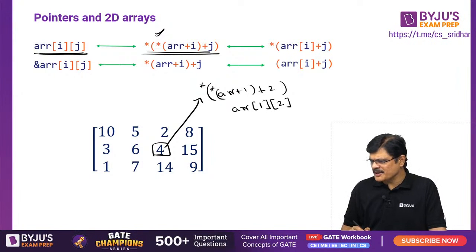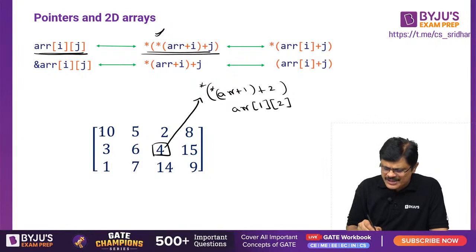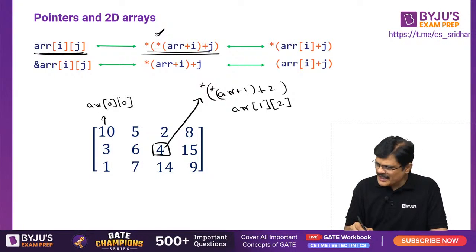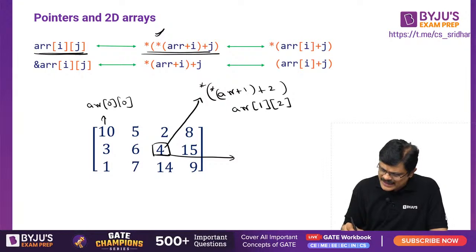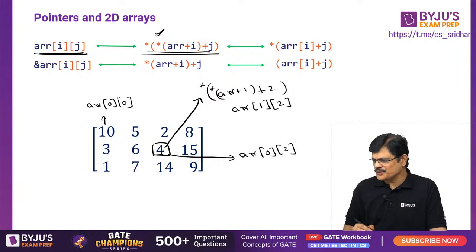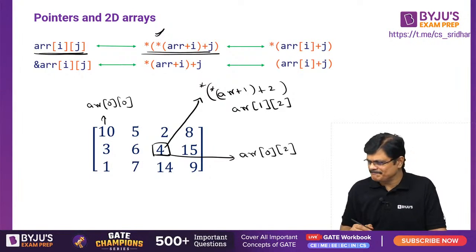Not 2, 3, Arshpreet, it's starting from 0, no? This is arr[0][0], this is arr[0][1], this is arr[0][2], this is arr[0][3]. Arshpreet, is that clear or not?